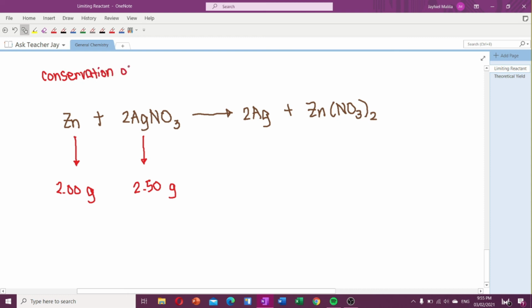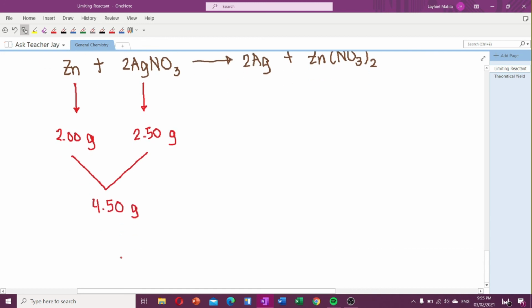Even though not all reactants are fully reacted, conservation of mass still holds true. We're going to add the 2 values to give us 4.50 grams. So this means we have a total of 4.50 grams that were loaded in the chemical reaction.